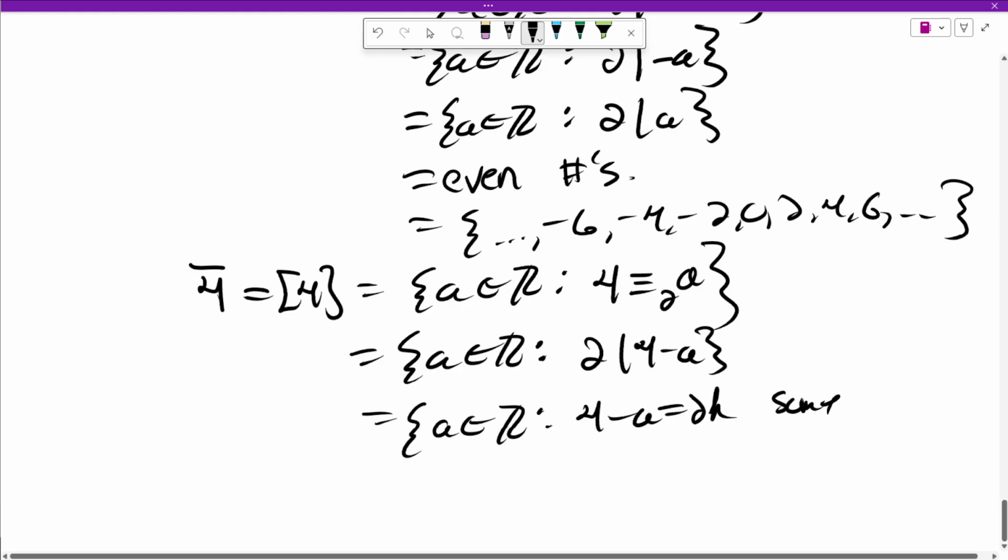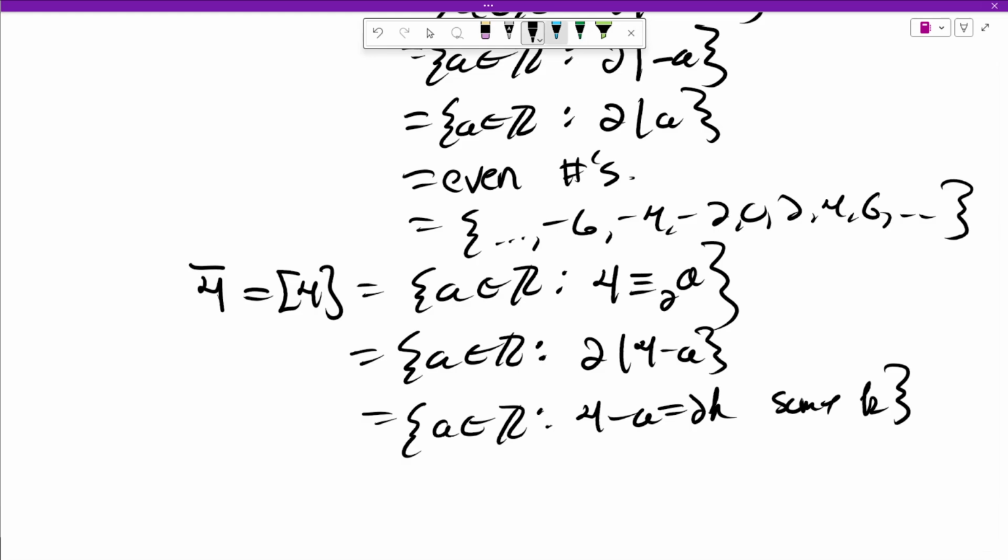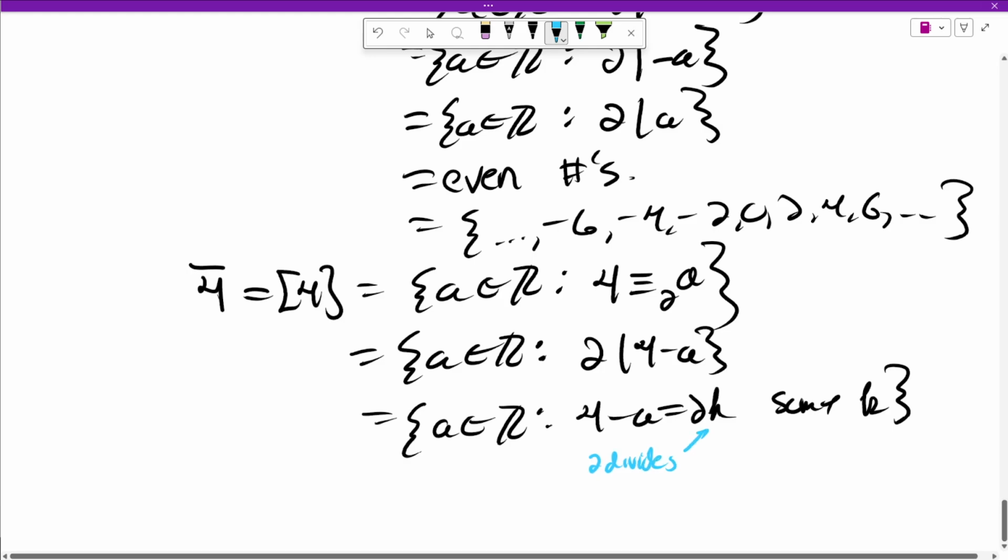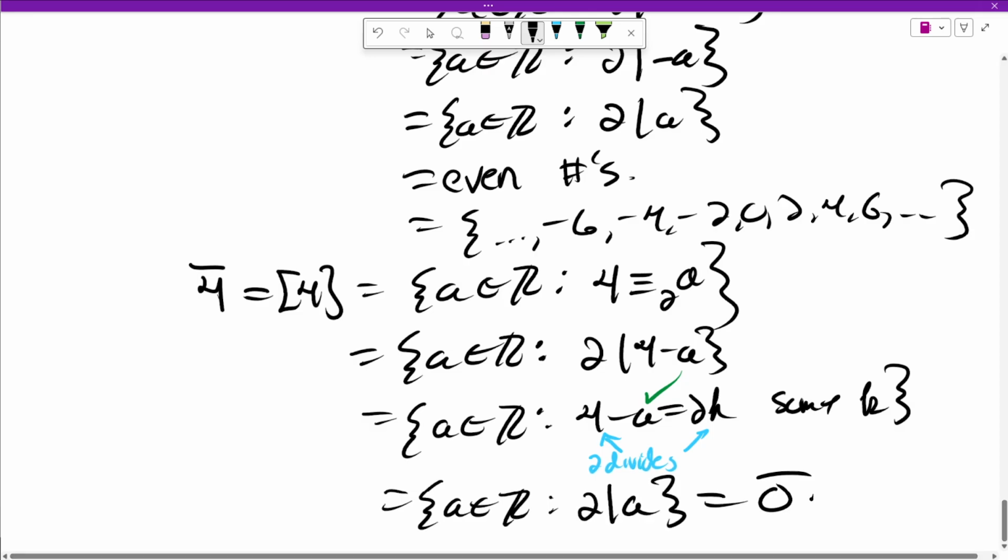I'm going to be a little more explicit about divides here. Divisibility satisfies the 2 out of 3 property: 2 divides that one, and it divides that one, so it must divide the A, or at least the negative A. So really, this is the collection of all A's in Z such that 2 divides A, which is the same as 0 bar.